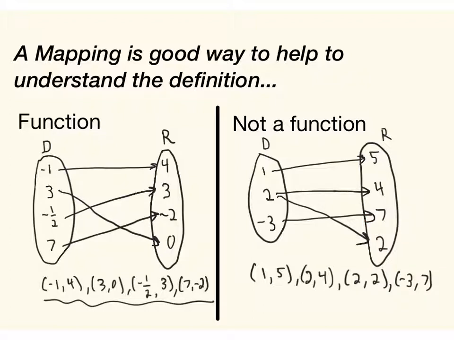But the fact that these two ordered pairs have the same x value, or same input value, connected to different output values, makes this not a function. So the mapping is a nice picture that helps us demonstrate that point.